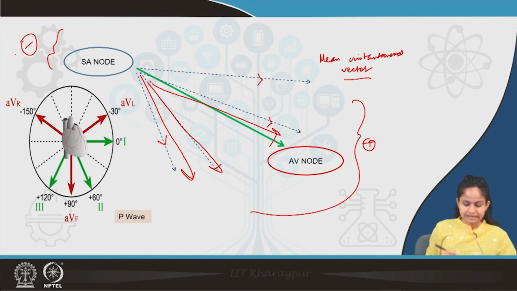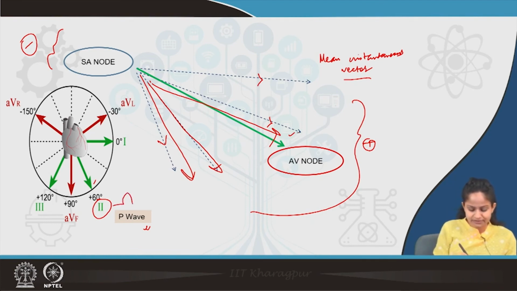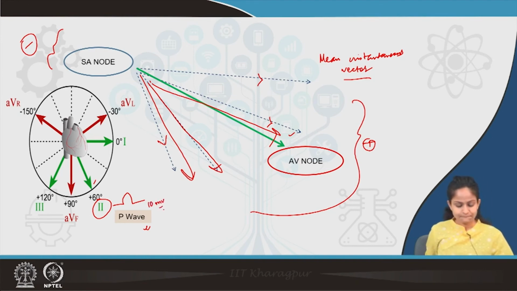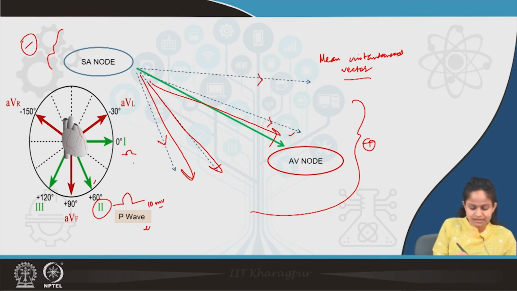For example, in this case, SA node to AV node means atrial depolarization, we will get the P wave. In lead 2, as we can see in the green direction, it is almost parallel, so it will give a deflection of, suppose, 10 millivolt. In lead 1, it will definitely give a positive deflection, but not 10 millivolt, suppose plus 2 millivolt.